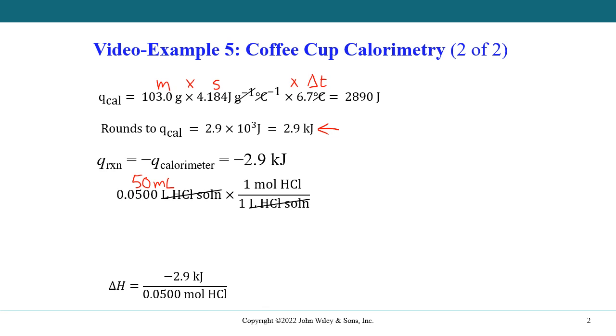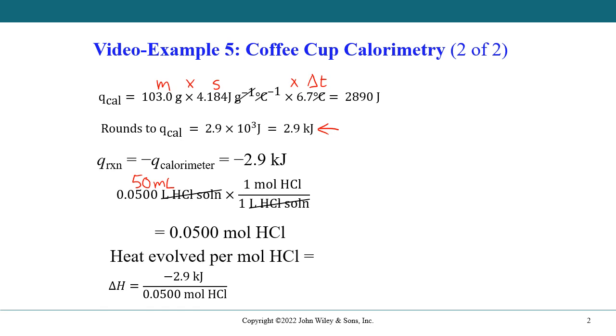Okay, and that gives us the number of moles of hydrochloric acid that we have, because we need to determine the number of moles, because ultimately we've been asked to calculate the heat evolved per mole of hydrochloric acid. Okay, so we need the number of moles.